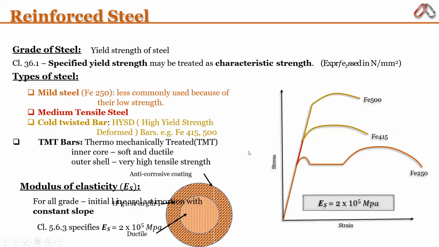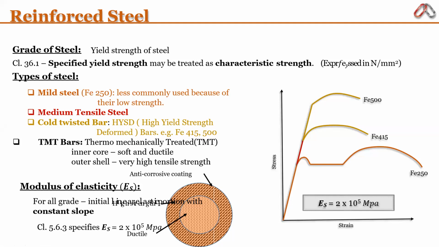Then the reinforcement steel is of three types mostly, that is Fe250, Fe415 and Fe500. These are the different grades of the steel. The grades of the steel are given in clause number 3.6.1 of IS 456 2000.